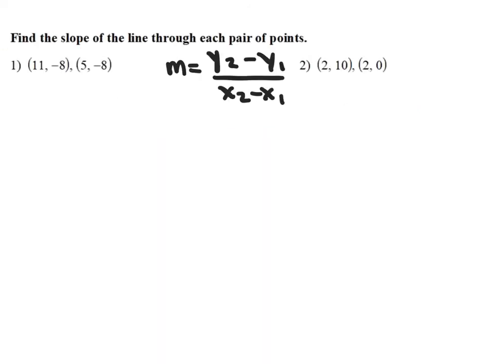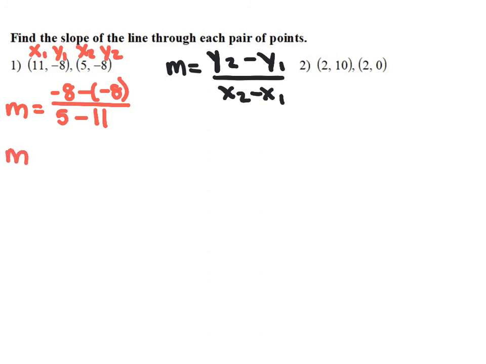Now in this example, again, we are finding the slope through a pair of points. So for number 1, I'm going to call this point x1, y1, x2, y2. When you substitute into the slope formula, y2 minus y1 would be negative 8 minus negative 8 over x2 minus x1. So it's 5 minus 11.